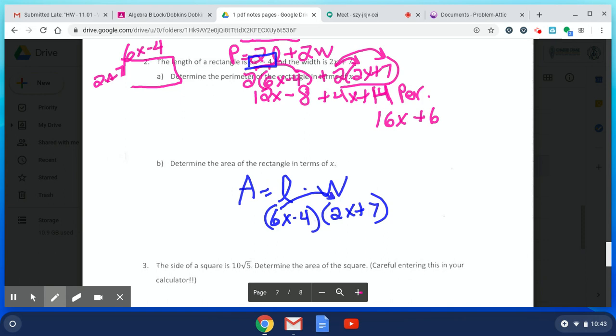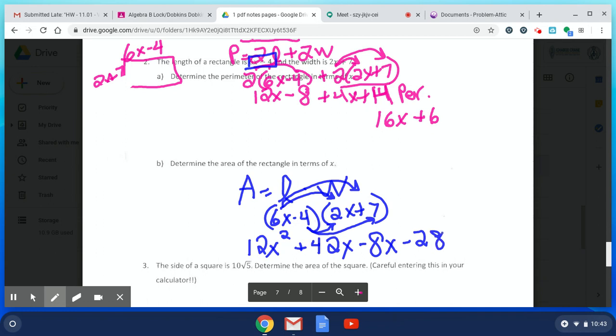So 6x times 2x gives us 12x squared. 6x times 7 is positive 42x. The inners, negative 4 times 2 is going to be negative 8x. And last, negative 4 times 7 is going to be a negative 28.